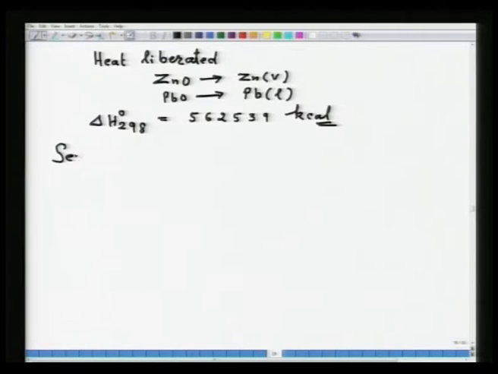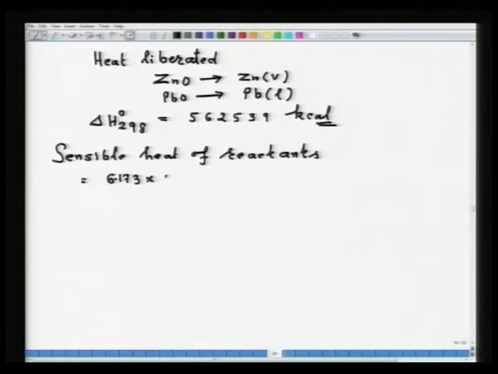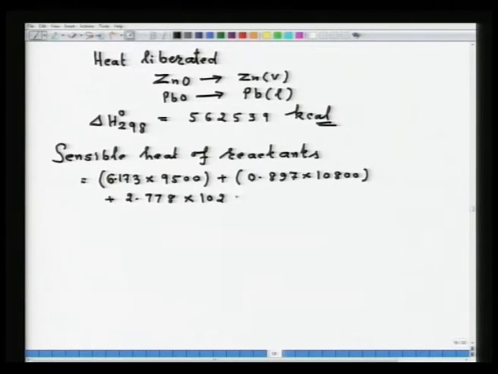Now, the sensible heat of reactants will be equal to 6.173 into 9,500 plus 0.897 into 10,800 plus 2.778 into 10,280 plus 1.667 into 19,940.